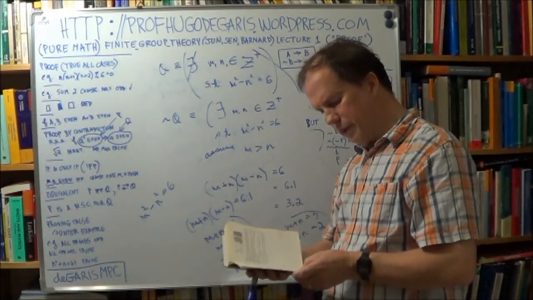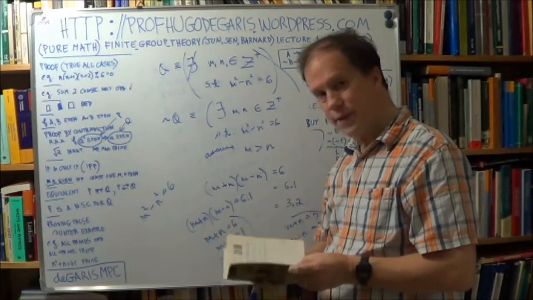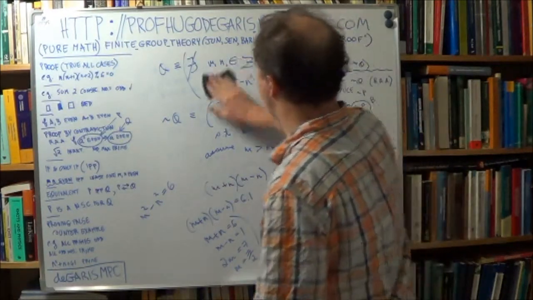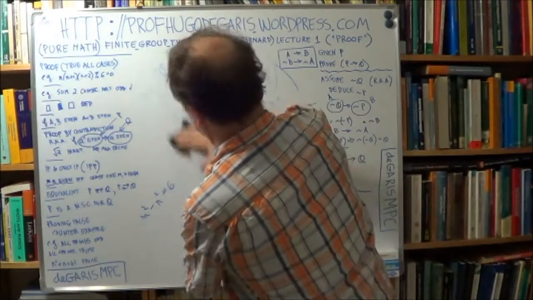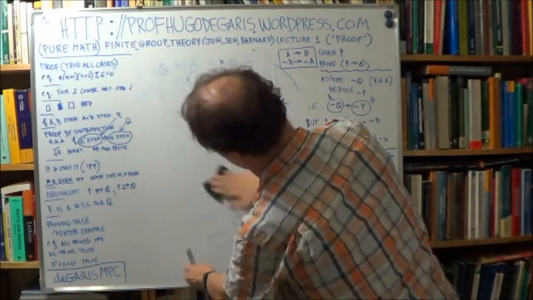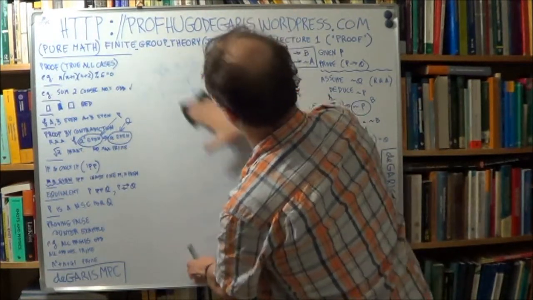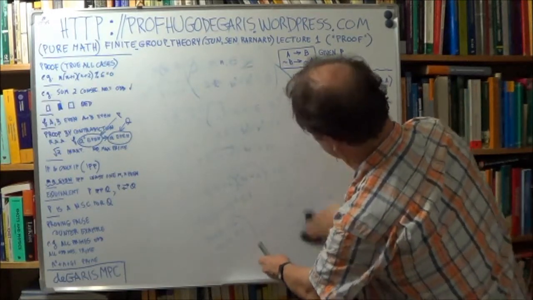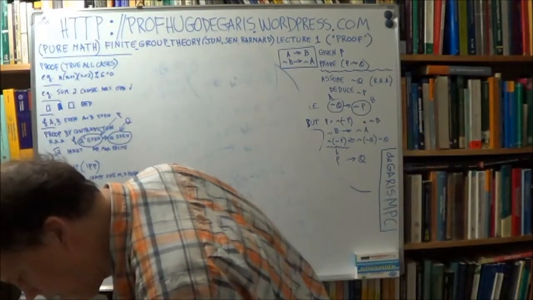Prove that a number, so an integer, plus its square is always even. Now that shouldn't be too hard. So you take a number, an integer, you add to it its square, and you have to prove that it is always even.